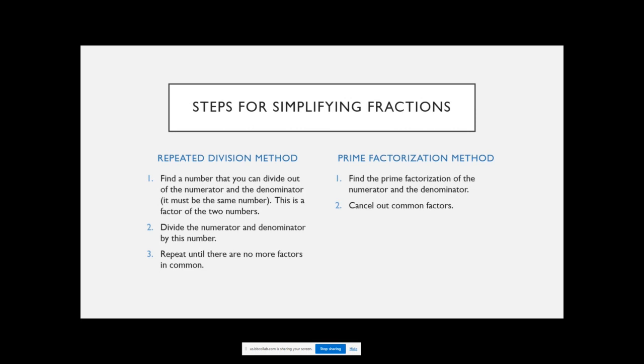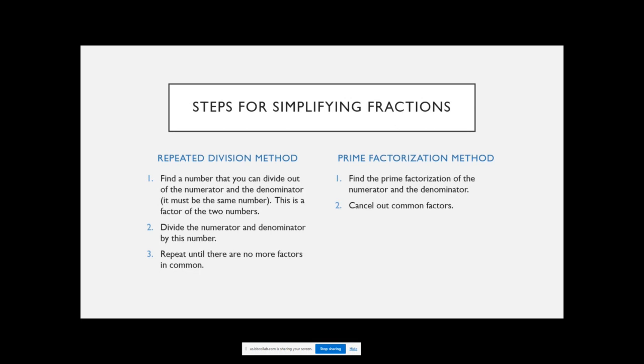I actually use both methods depending on the situation, so it is useful to know both. If I'm dealing with fractions with really large numbers, I will do the prime factorization method. If they're smaller numbers, I will do the repeated division, because I can look at it and be like, oh, I can divide both of these by 2, and then look at smaller numbers.